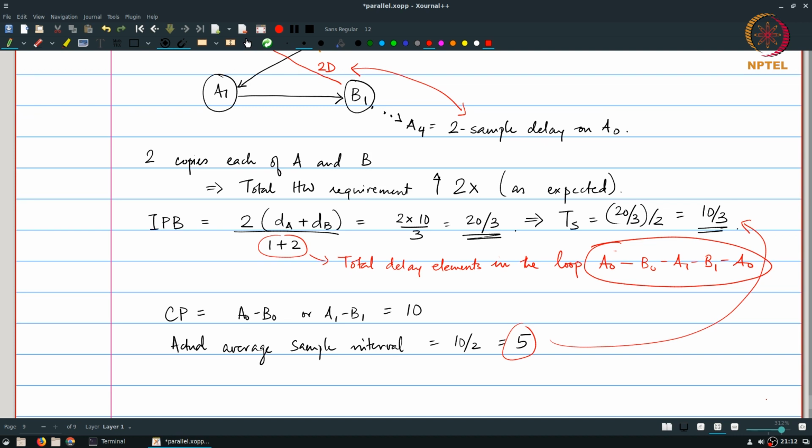So unfolding in some ways is a generalization of the idea of parallelism and can be applied in a lot of contexts in order to get benefits that allow you to get a better average sampling interval, especially in situations where the individual nodes that are involved in the computation are not well balanced and therefore not amenable to pipelining or retiming. And in such a situation, the unfolding transformation can allow you to make multiple copies of the hardware, which can then give you a much better average sampling interval.